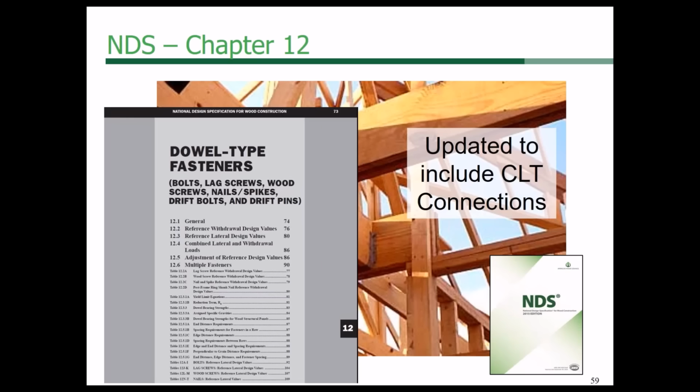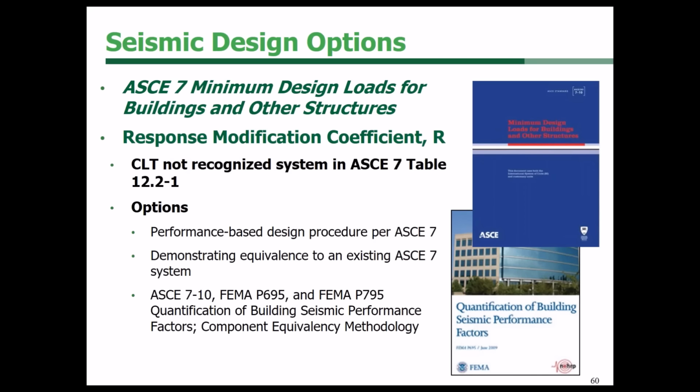Okay, so designing for cross-laminated timber connections, the NDS 2015 has been updated to include cross-laminated timber connections. Related to seismic design, which Scott will get into in his presentation, currently under ASCE 7 there are no provisions for cross-laminated timber.